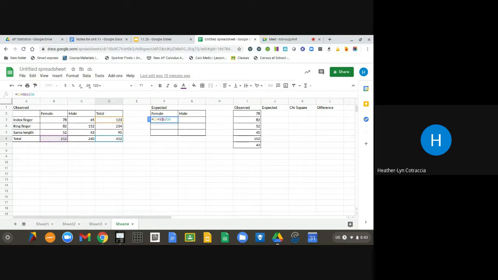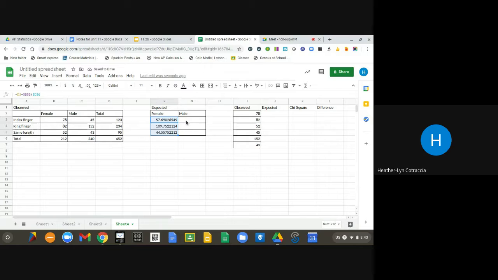So the row one can change because I'm going to drag down. I want that one to change, but I don't want the column total to change, and I don't want the table total to change. So I'm going to put in those dollar signs on either side of the letter, and that will keep that as an absolute reference. Then I can just drag down, and that puts those numbers in for me.